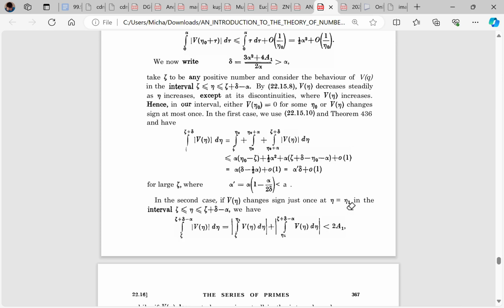Yeah, so then you can write this as alpha prime times delta, where alpha prime is just this thing with delta pulled out of it. And alpha prime is less than, this should be alpha, because it's alpha times something less than 1. Okay.